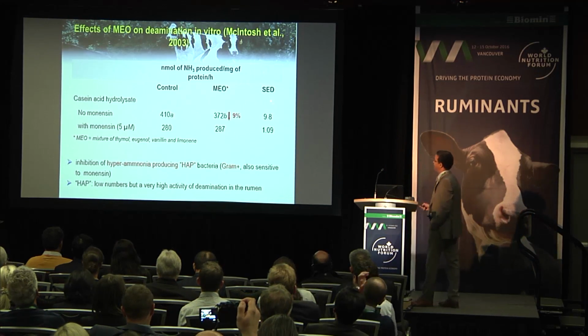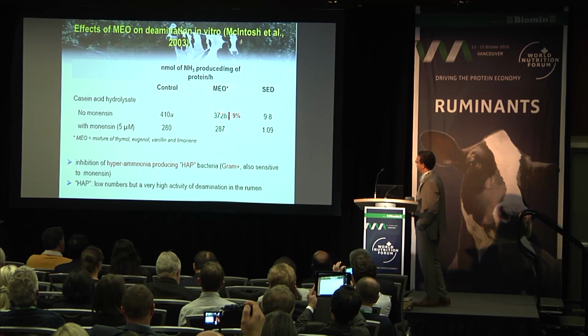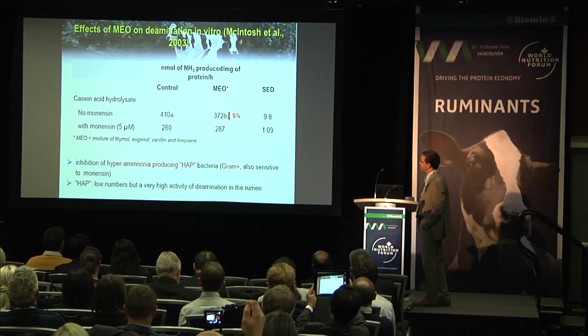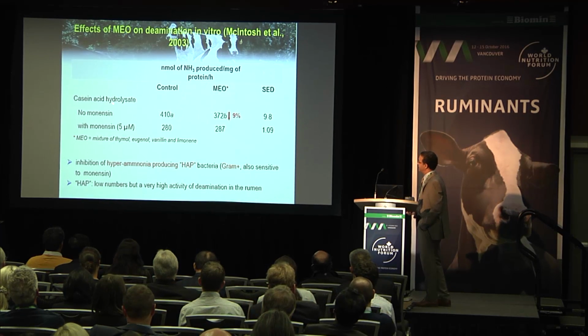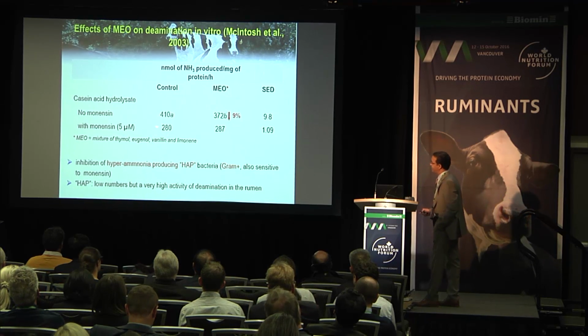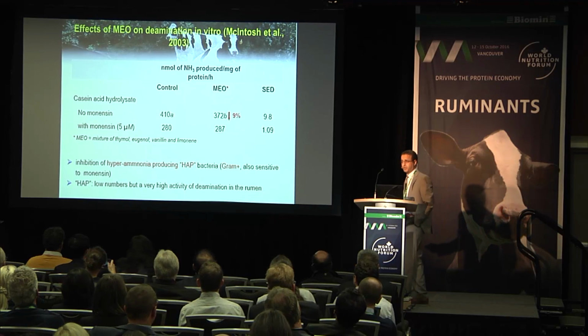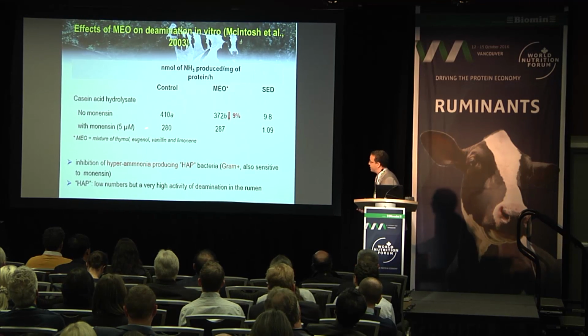The same observation was confirmed by McIntosh et al., who reported a slight but significant decrease in the rate of ammonia produced from casein acid hydrolysate. And if you see here, they did not observe a further decrease in ammonia production when the mixture of essential oils was combined with monensin.